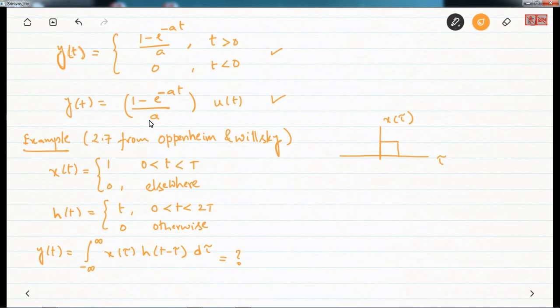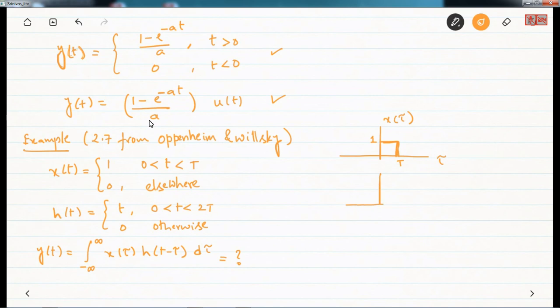X of, so simply replace this t with tau, you will get x of tau. So it is 1 from 0 to t, and is 0 elsewhere, right?